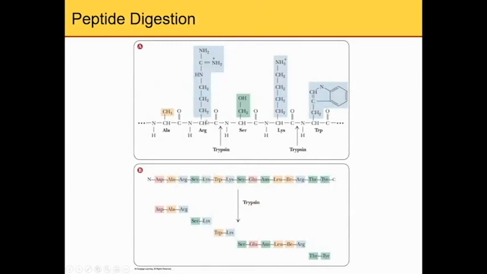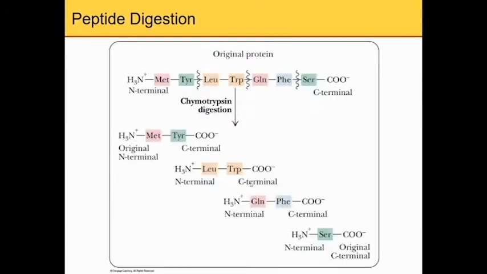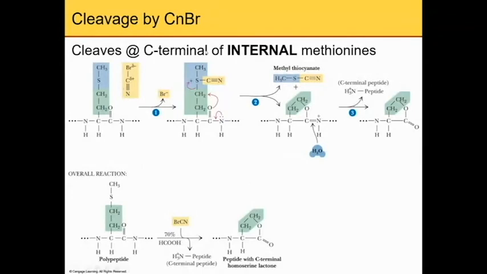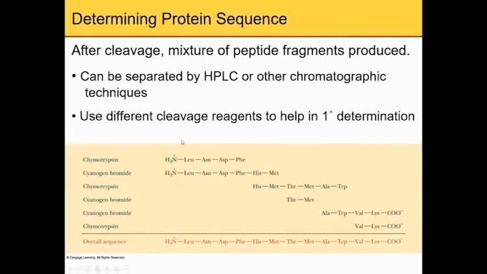If you combine the digestions, then you will be able to interpret the peptide sequence. Okay, and cyanogen bromide cuts the internal methionine. So here's the example to determine the protein sequence.